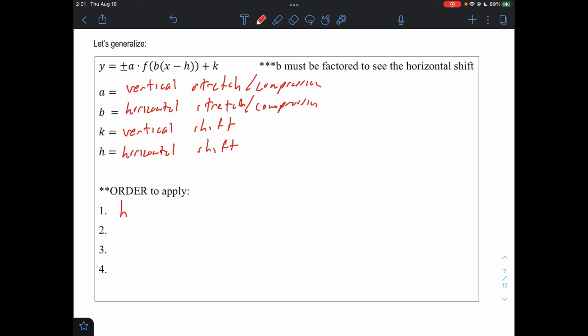First it would be h, then b, and then our vertical things, a, and then k. So h, b, a, k. Horizontal shift first, horizontal stretch or shrink second, along with whether or not that would be flipped. And then the vertical stretch or shrink, and then the vertical shift at the end.